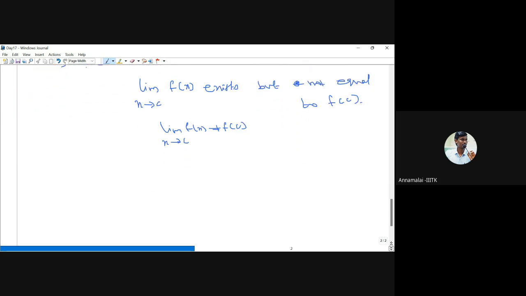Now, the second one is discontinuity of the first kind, and we call it a jump discontinuity.